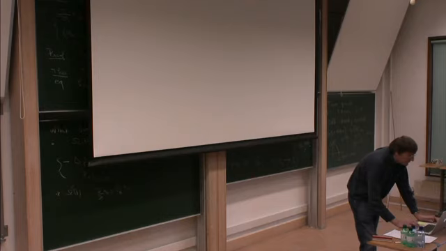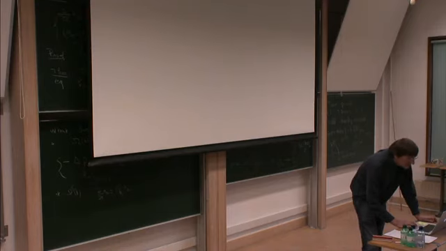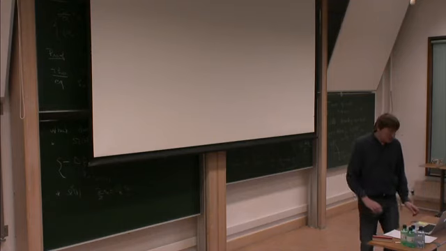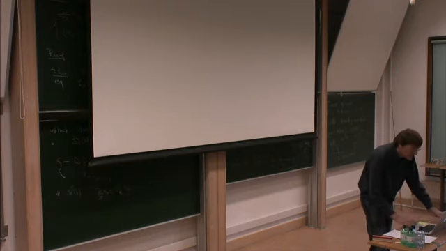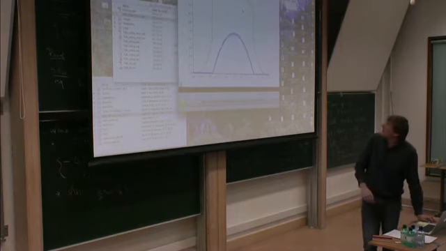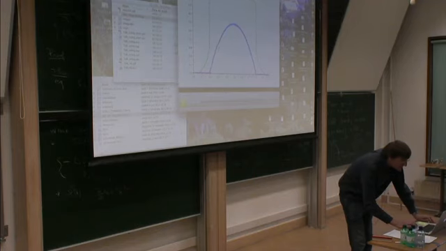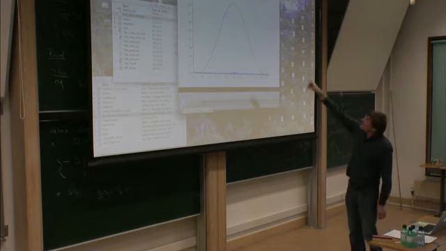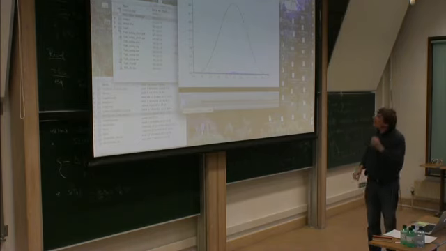So what you see here on this movie is what happens. Let me go back to the initial time. So this initial data is the density, the green curve.